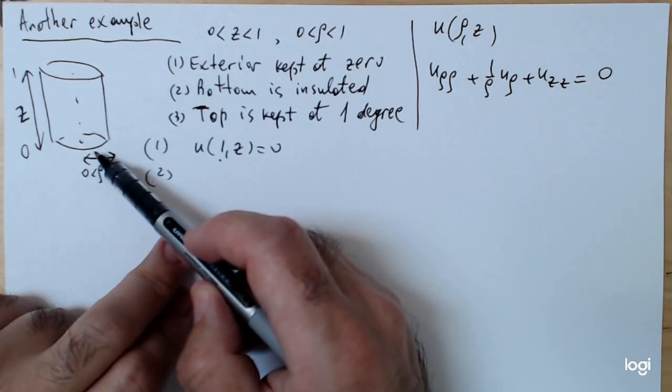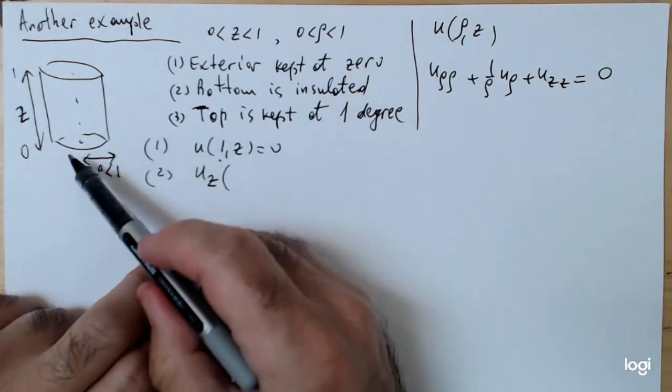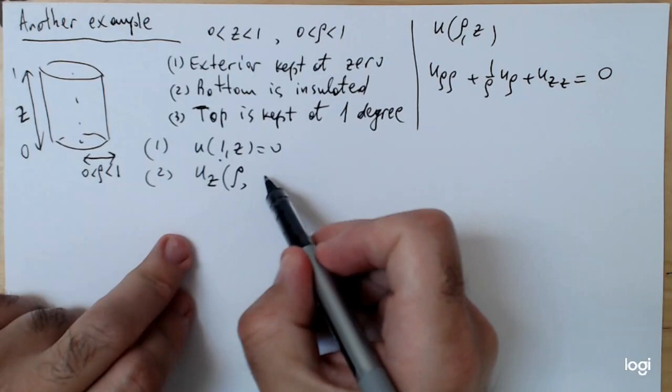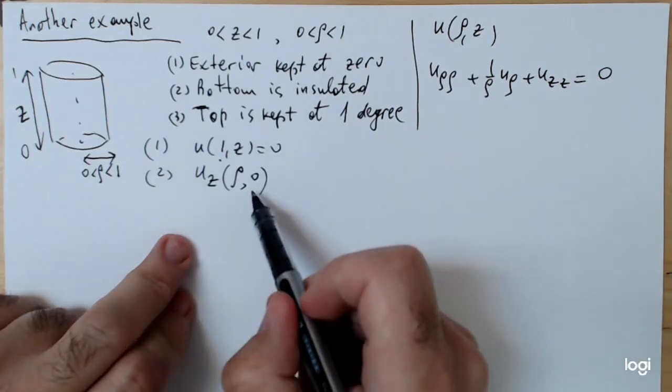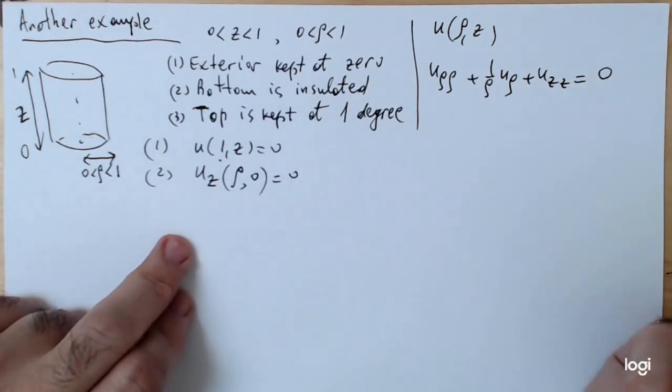So the partial derivative with respect to Z at any point on the bottom, which means the radius rho can vary but Z is 0, again Z equals 0 identifies the bottom of the object, is equal to 0. So insulation, as you remember, leads to Neumann type of conditions.